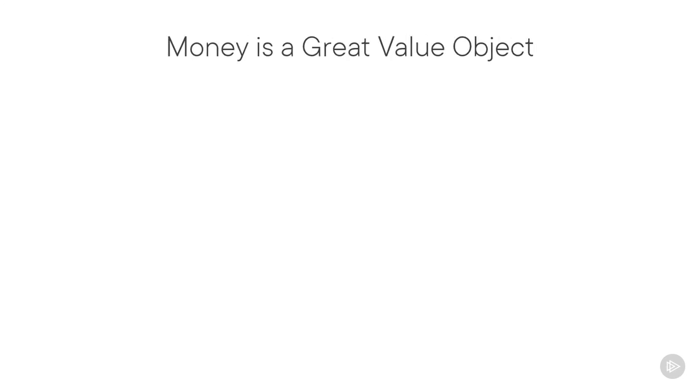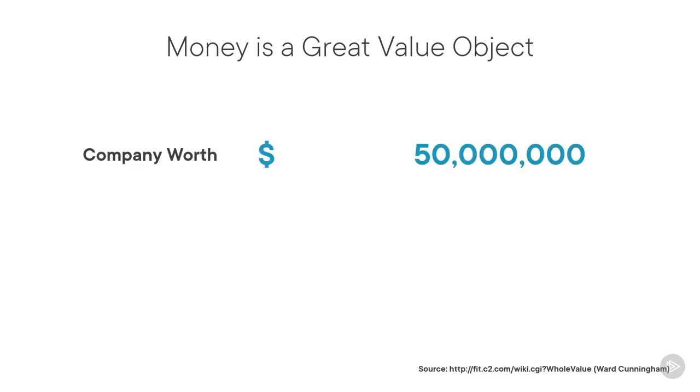Many developers say that monetary values in financial systems are perfect candidates for value objects in their system. And Ward Cunningham provides us with a really helpful example, a company's worth. If a company is worth $50 million, that means something, $50 million.